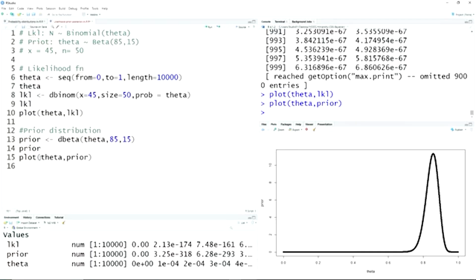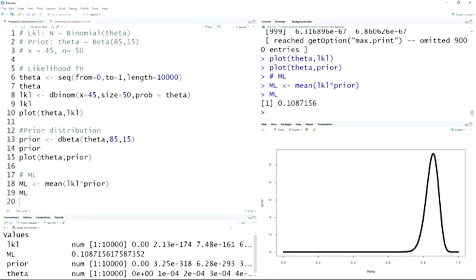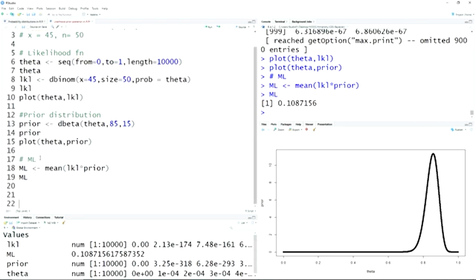Okay, now we can compute the posterior, but before that you can try to approximate the marginal likelihood. So let's say we approximate the marginal likelihood by taking the mean of likelihood times prior. Okay, this will give us some value of marginal likelihood, let's say 0.10. Now we can go ahead and calculate the posterior distribution.